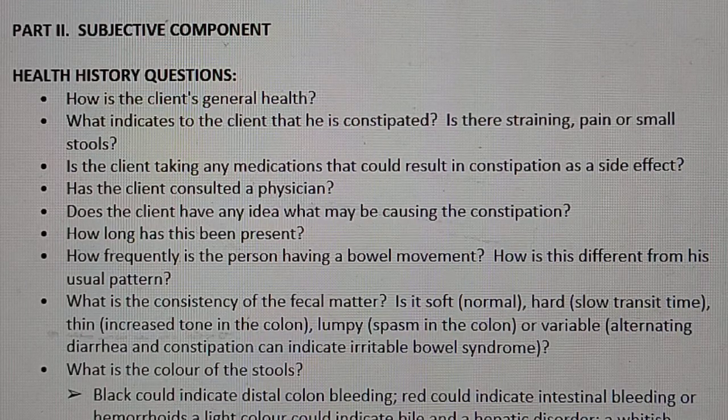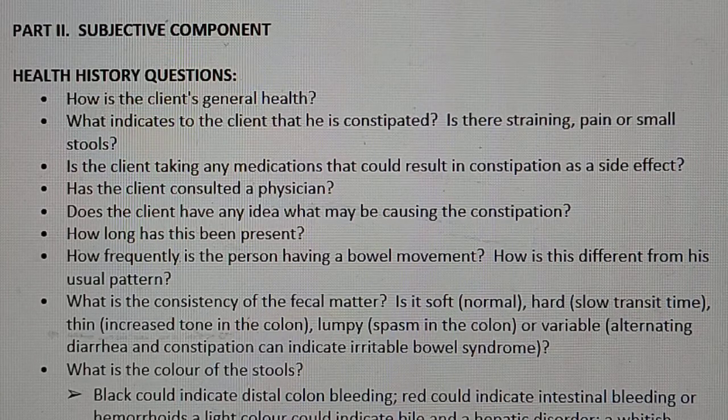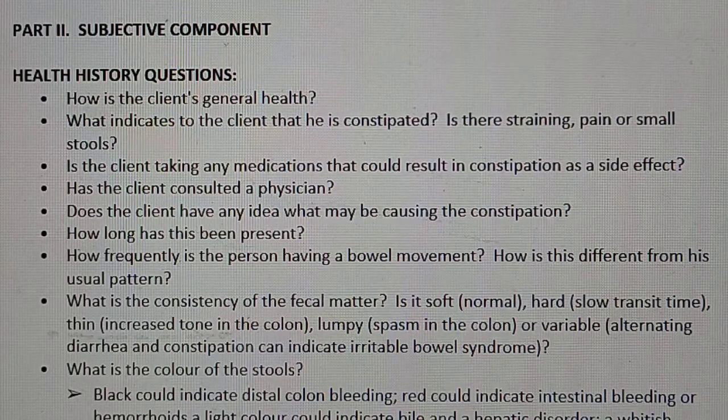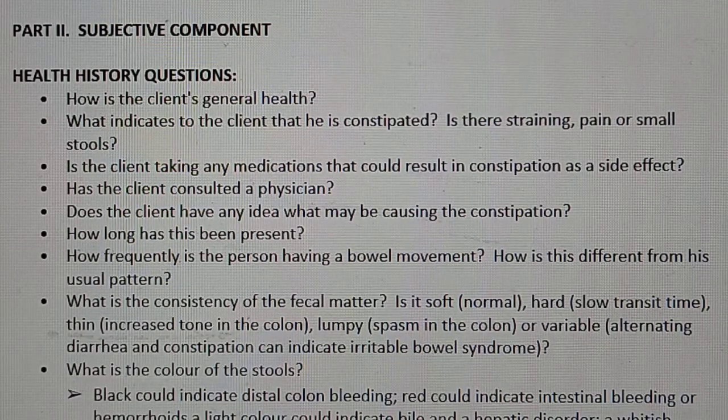Hemorrhoids. A light color could indicate bile and hepatic disorder, meaning it pertains to the liver. There's a problem in the liver if there's a light color. And if there's a whitish coating on the feces, it indicates mucus from an intestinal disorder such as irritable bowel syndrome.